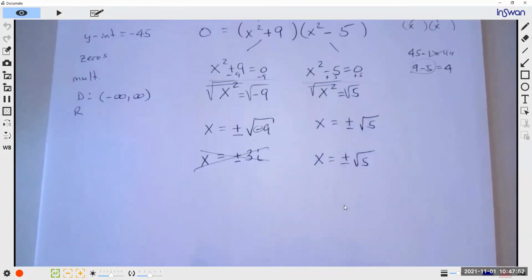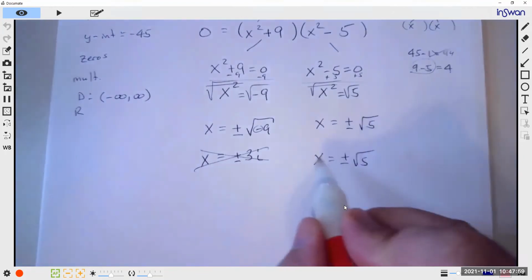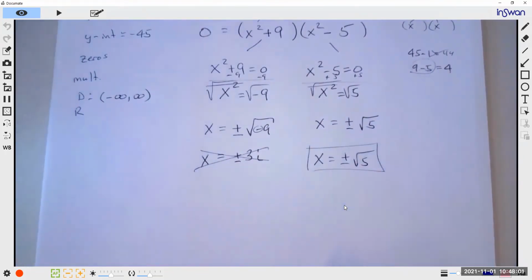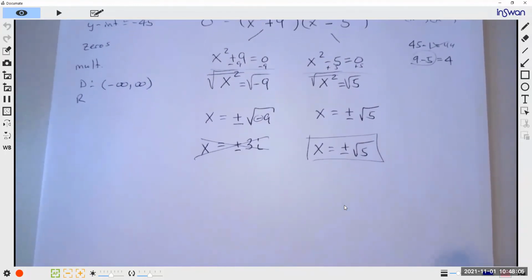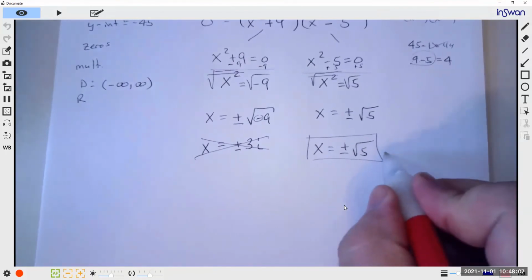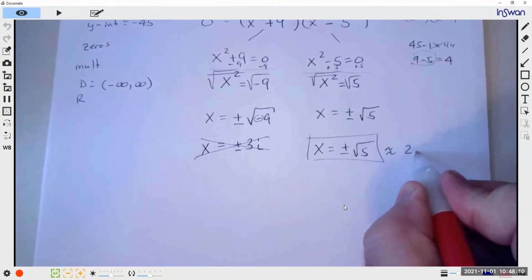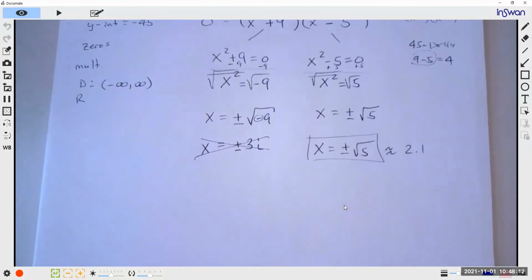We can't graph that, even though that is a solution, but it's not a real solution. So our x-intercepts are positive and negative radical 5, which is something like 2.1 or 2.05, something like that.